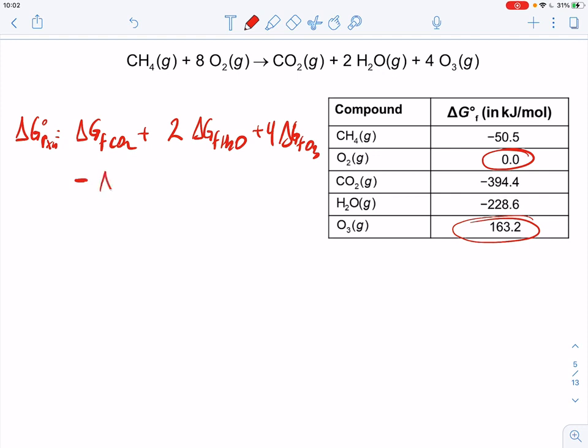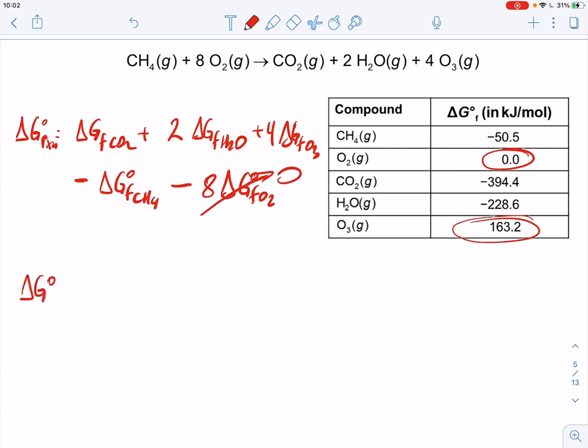In the reactants, we have the free energy of formation for methane, and minus 8 times the free energy of formation of oxygen. But since it's oxygen, this is 0, so we forget about it.